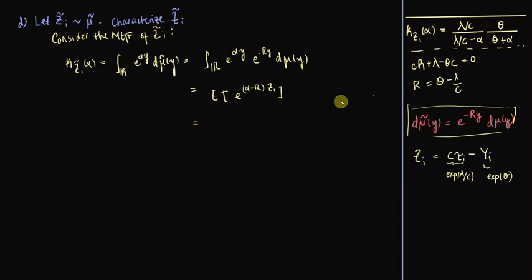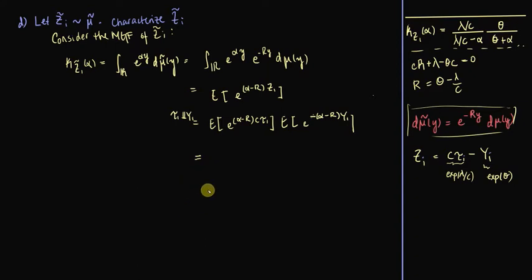And what we can do now is recall the definition of z1, and since the inter-arrivals are independent of the claim sizes, we can split this up into the product of two mean values. In the first term, you have e to the alpha minus r multiplied by c tau 1. And in the second, you have the mean value of e to the minus alpha minus r multiplied by y1. And now let us just plug in what those are.